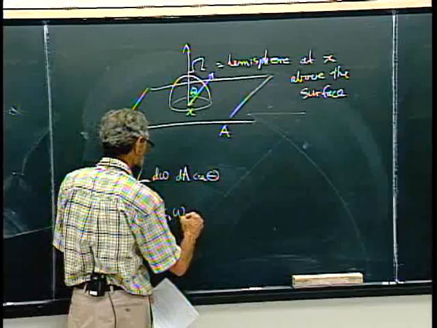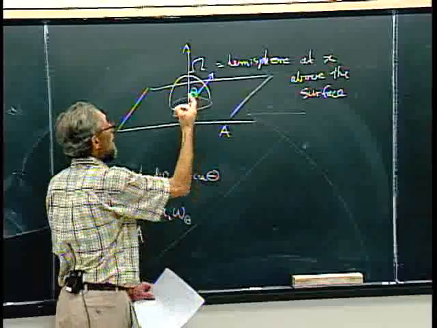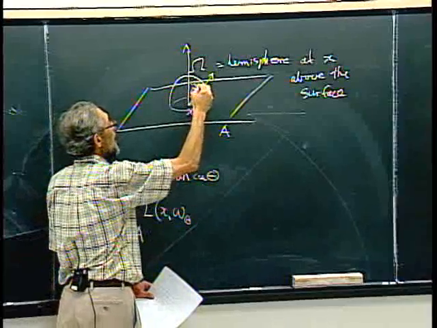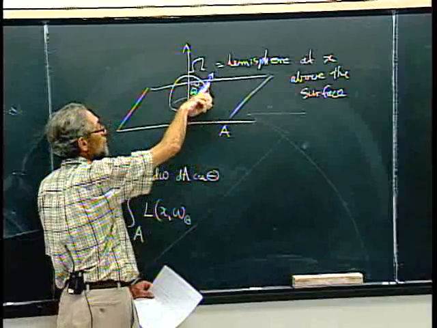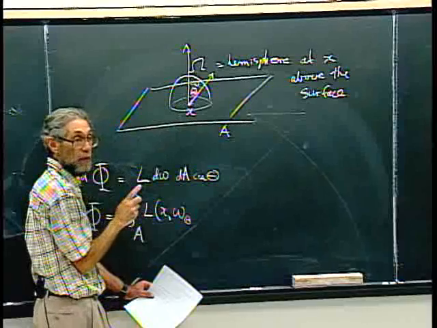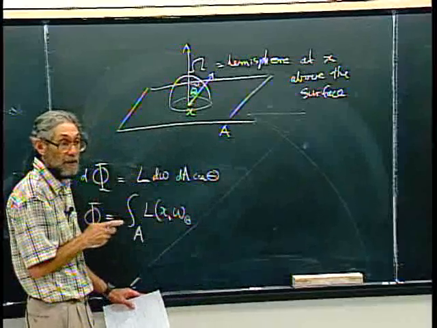Small θ is the angle between this unit direction vector, capital Θ, and the North Pole. And capital Θ stands for an actual 3D unit direction vector.